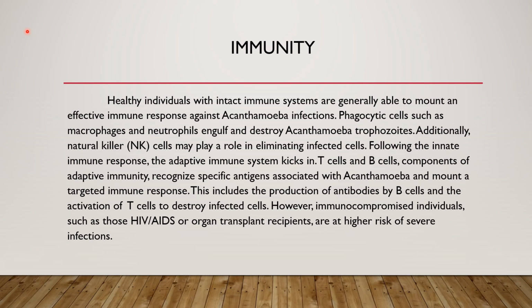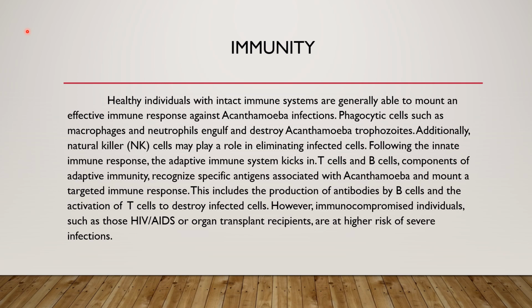Following the innate immune response, the adaptive immune system also kicks in, such as your T cells and B cells, which are components of your adaptive immunity. They recognize the specific antigens associated with the Acanthamoeba organisms and mount a targeted immune response. It includes the production of antibodies by B cells and the activation of T cells to destroy the infected cells.